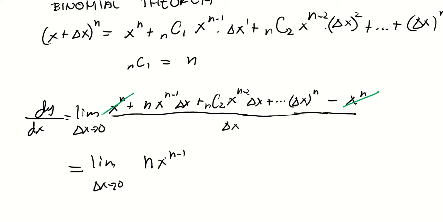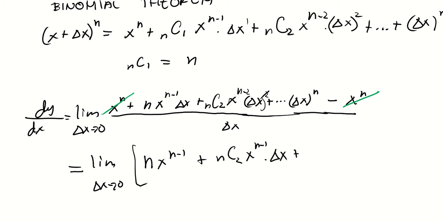Then if you look at the remaining terms, this is actually squared. So plus nC2 x raised to n minus 2 times delta x squared divided by delta x. The one delta x will cancel out, so there will be remaining delta x.